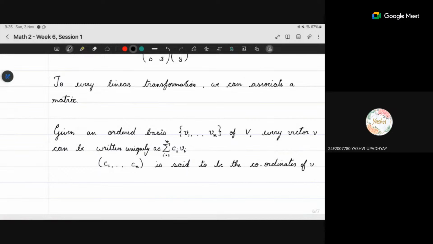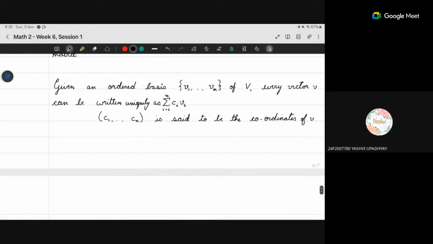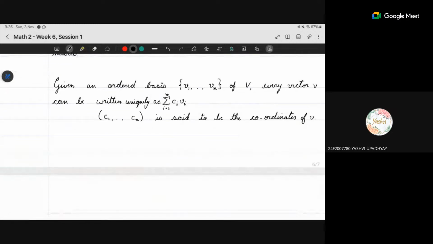I'm not sure if this is covered in the professor's notes, but this is some standard terminology which makes sense, right? So in R2, you express every vector as two numbers. Like say, if I take the point (1, 2), you say the x coordinate is 1 and the y coordinate is 2.